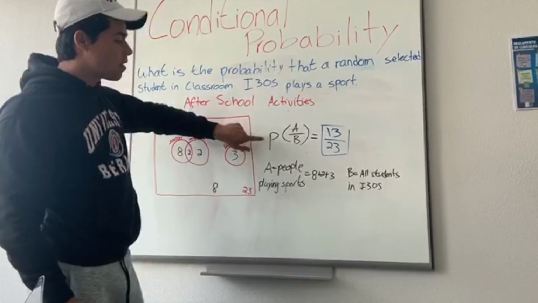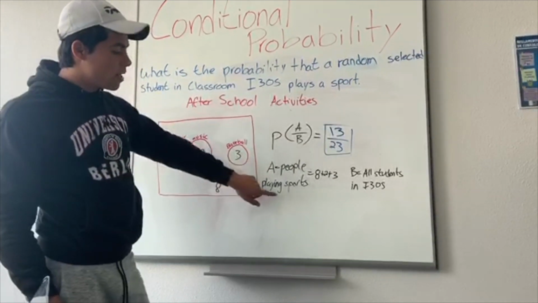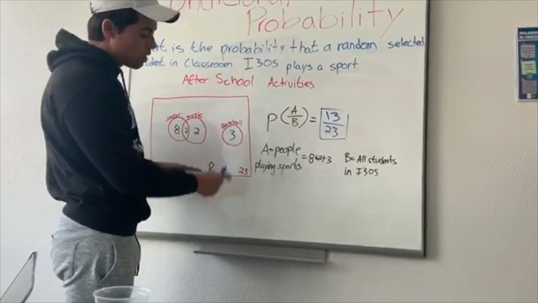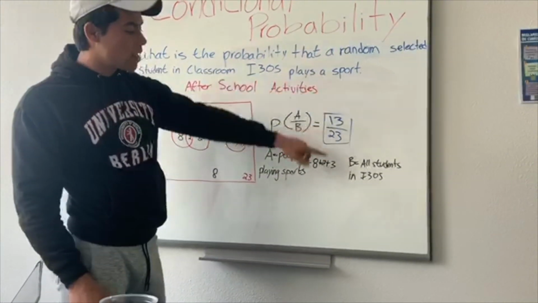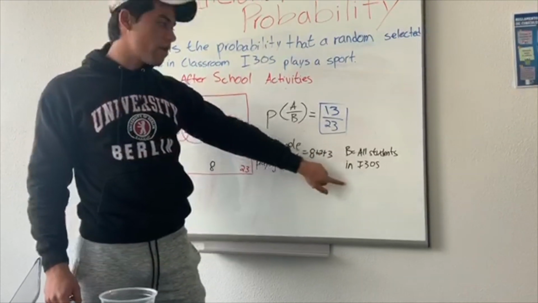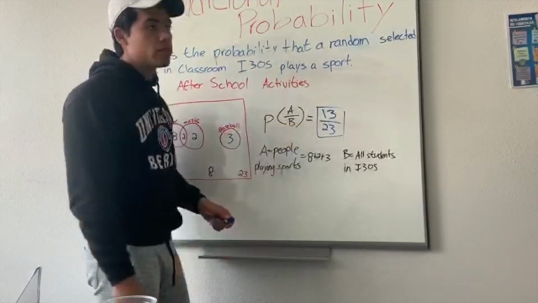Now the formula is P(A|B), having that A are people playing sports, which are 8 plus 2 plus 3. It gives us a total of 13, and B represents all the students in classroom 1305. Then the conditional probability is 13 over 23.